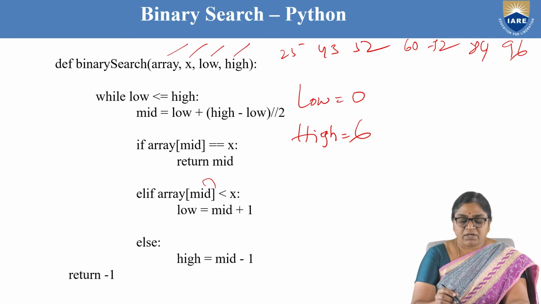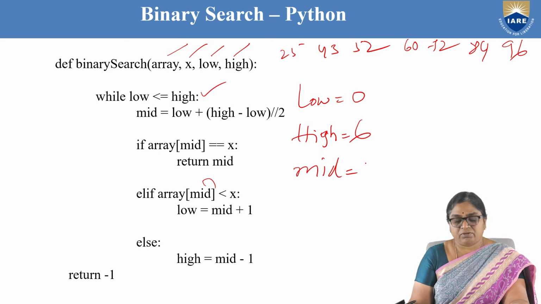So, is low less than or equivalent to high? Yes. Then we will enter into the while loop. Now, in the while loop, what we are doing? We are calculating the middle element. Middle element is equivalent to low plus high by 2, or else you can use this formula also.